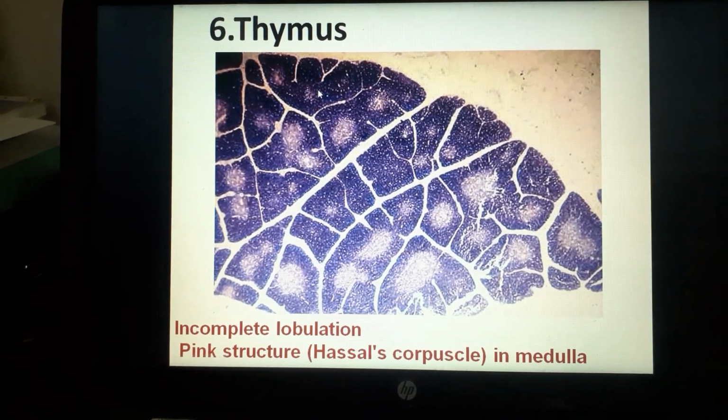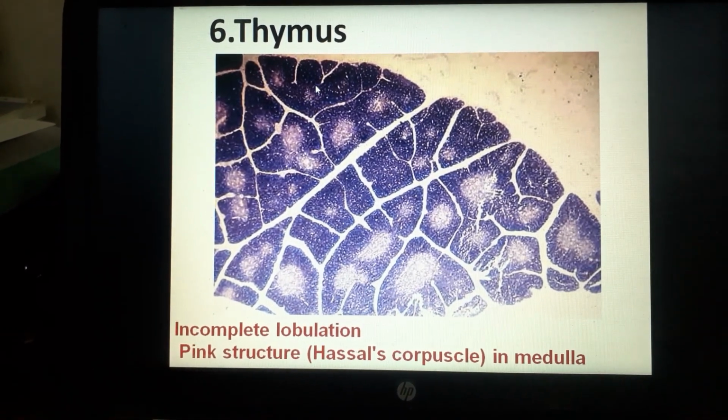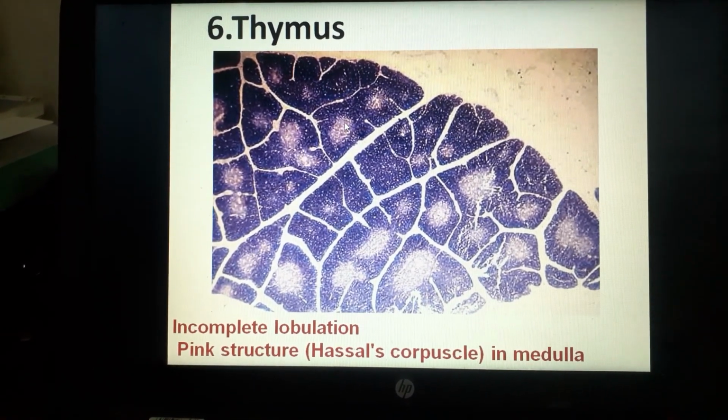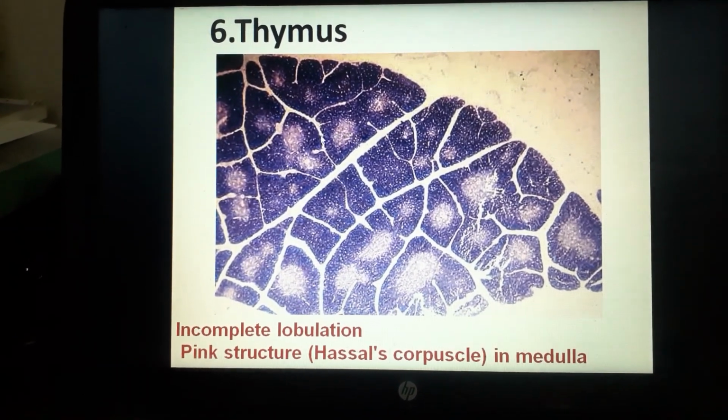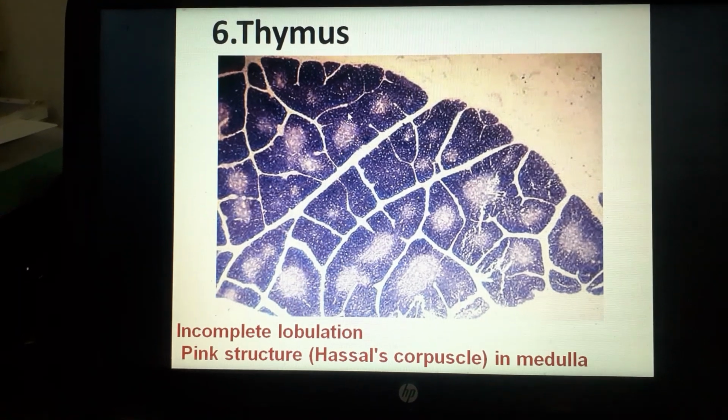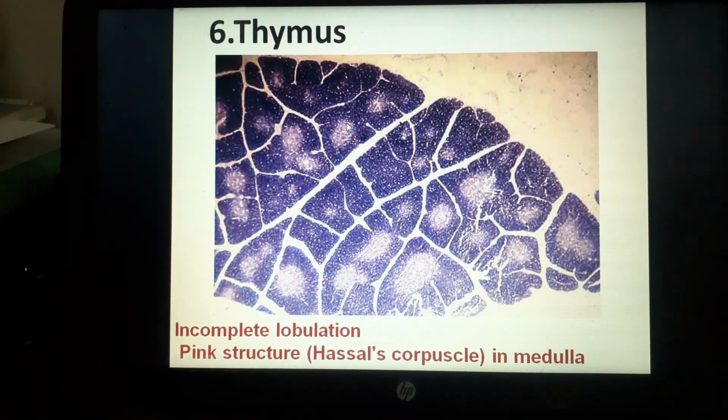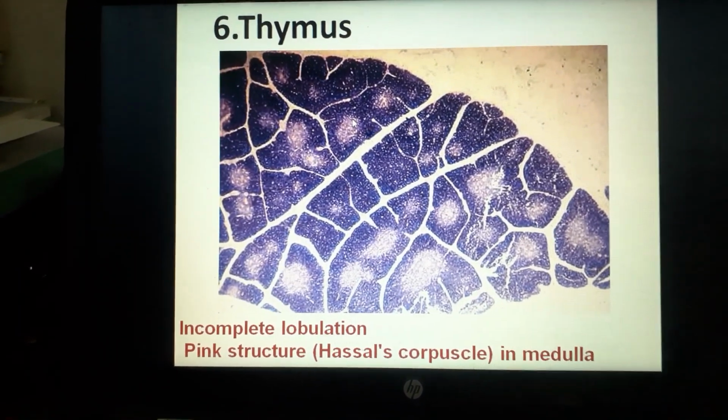Here it is spared. And also there is pink structure, that is the Hassall's corpuscle in the medulla. The periphery is cortex and in the center it is medulla, and there is pink structure there.